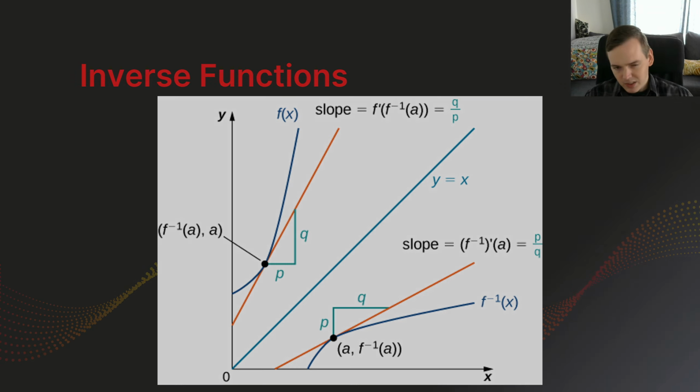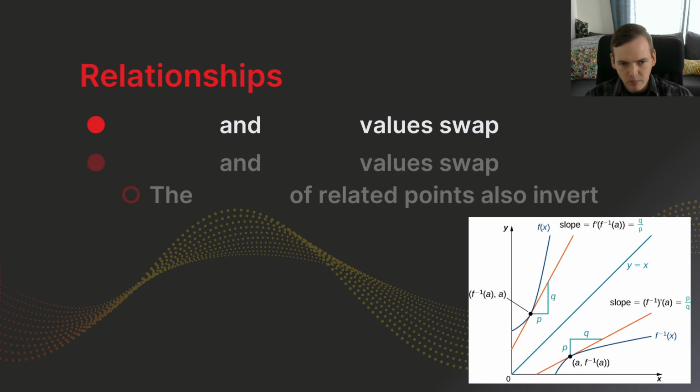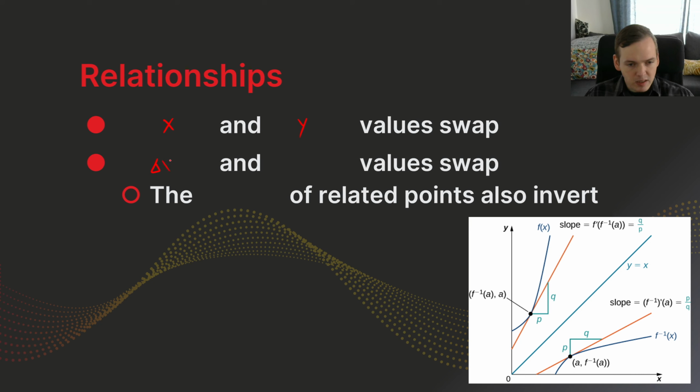So let's summarize all of that here. First of all, the x and y values swap between a function and its inverse. That also means that delta x and delta y values swap for a function and its inverse. And as a result, this means the slopes of related points also invert.